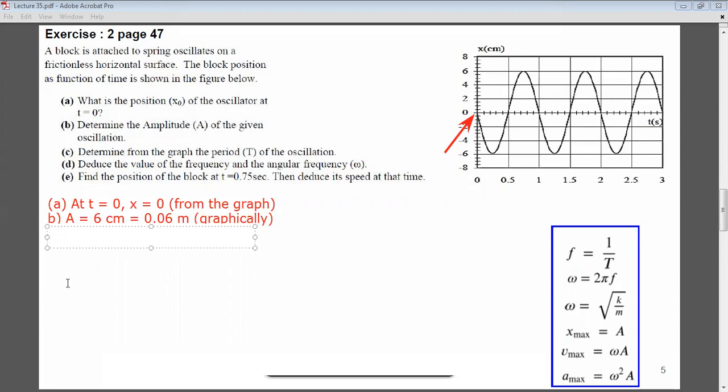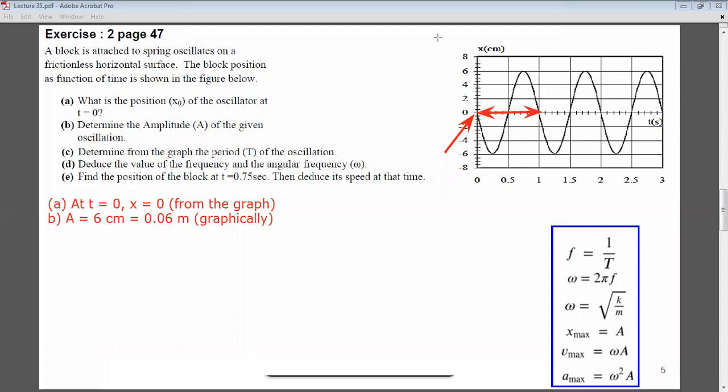Part C, determine from the graph the period of the oscillation. So we come to the period of the oscillation. How do we calculate it? We take one full cycle. First it was here, then it went down, then it reached back here, then it went up, then it came back here. So this is one complete cycle.